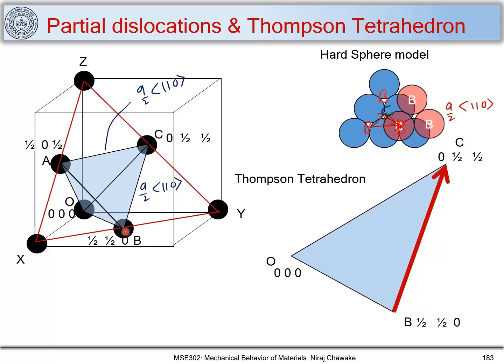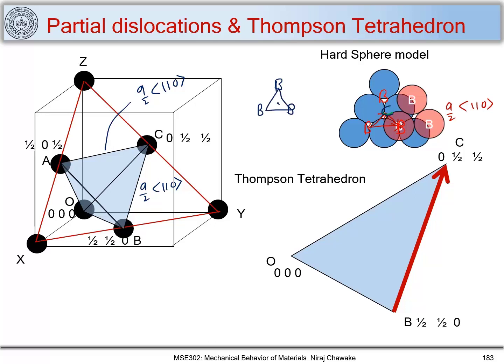So when this atom moves to this position, it doesn't follow this path; rather, it follows a path which goes via the C position. From here you can see that this C position, when I join these, let me draw it. So when I have B, B and B positions, let me draw it here.